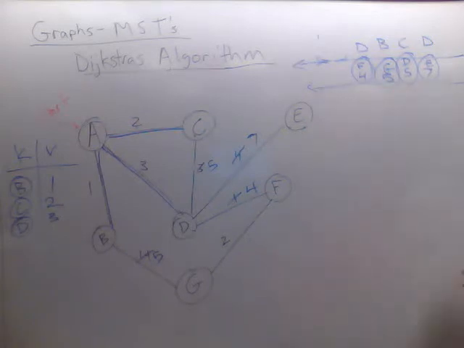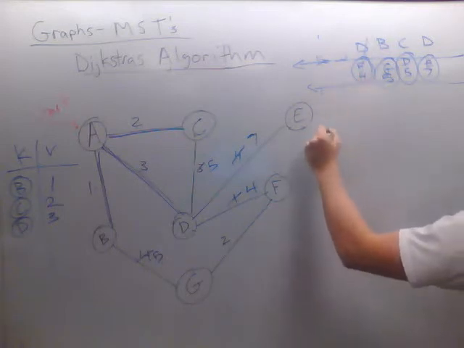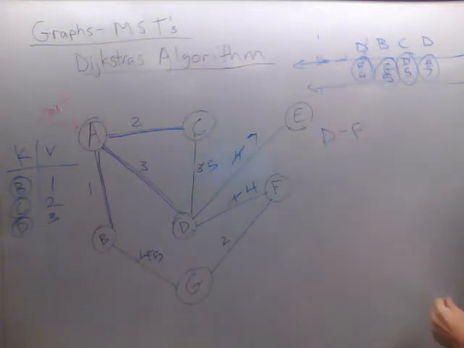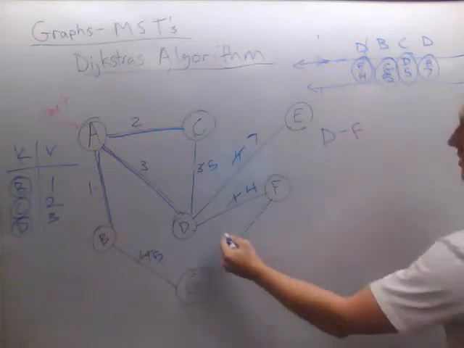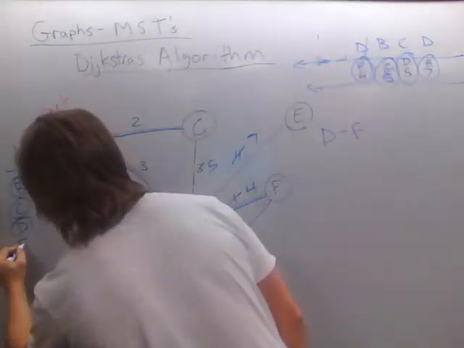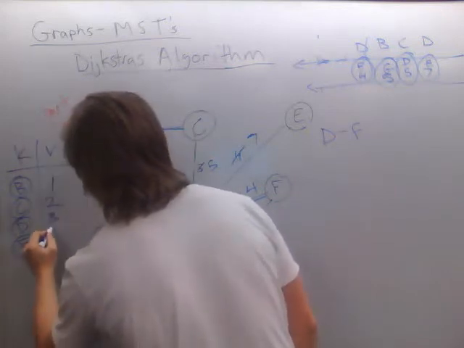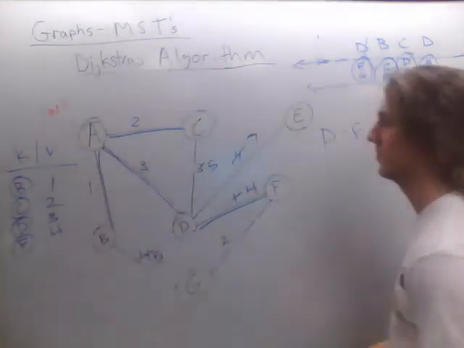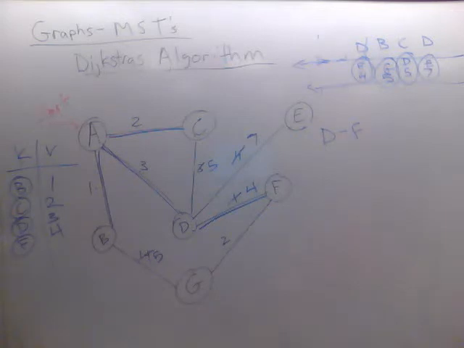So I pop out the next edge, D to F. So we're selecting this edge. I add it to the hash table with weight 4. And now I have to update all of the weights.